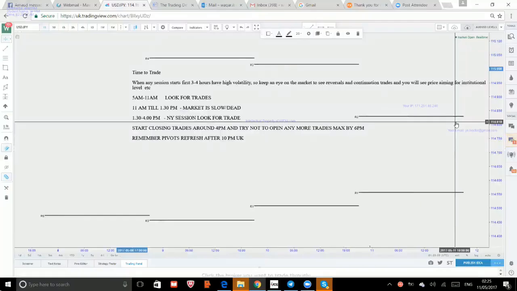But from 5 till 11 you'll see those moves happening, volatility increasing. All you need is to stick in, use the rules of price action, and take the trades from the pivotal levels. That is it. Makes sense, guys?